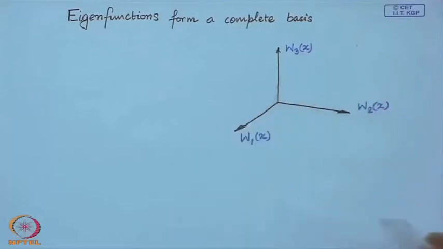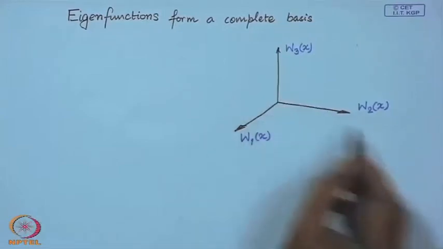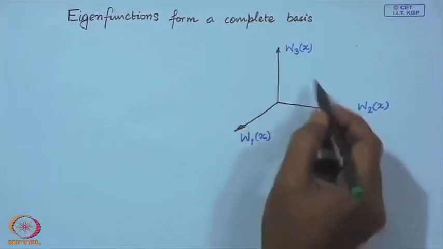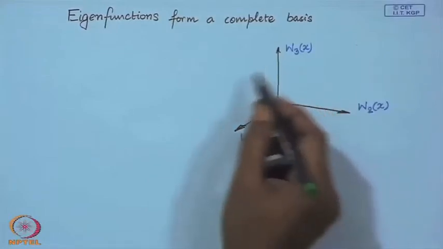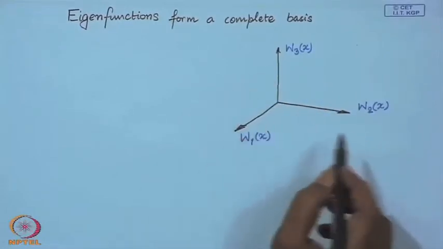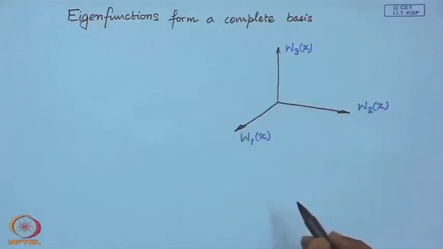There are infinitely many eigenfunctions, as we have seen. Here I can draw only 3, and with a little stretch of imagination you can think of this as an infinite dimensional space with each axis labeled with one eigenfunction.